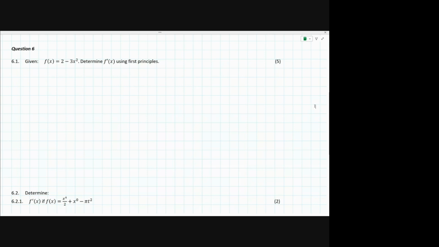And there was something else I was going to... Oh, remember in these first questions, so the first principles question and then the question where you're asked to find the derivative using the rules and the formatting and all of that, notation is very important. Any of your teachers who have marked finals will tell you that in the memo discussion, they specifically say deduct a mark for notation in these questions.